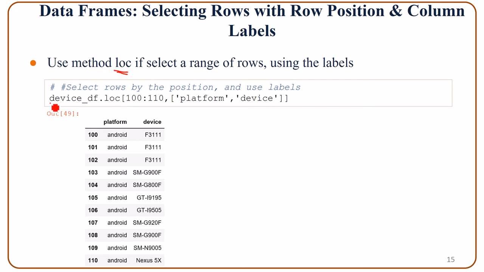So in the example, first you write the data frame name, and then the loc method, you specify the range of rows that you'd like to select, and a list which has the column labels that you'd like to slice. In this case, platform and device. So in the result, you see just the two columns.